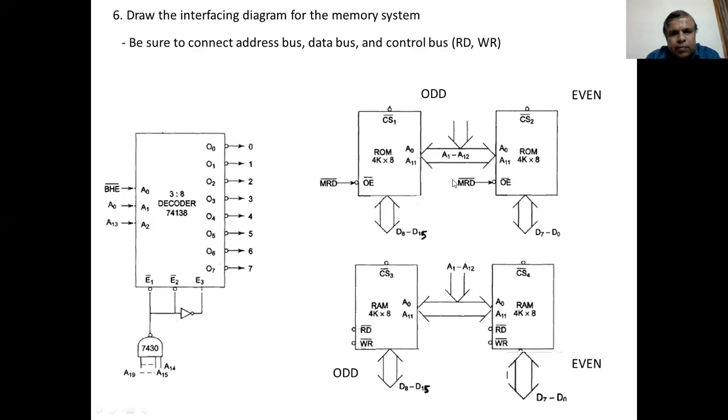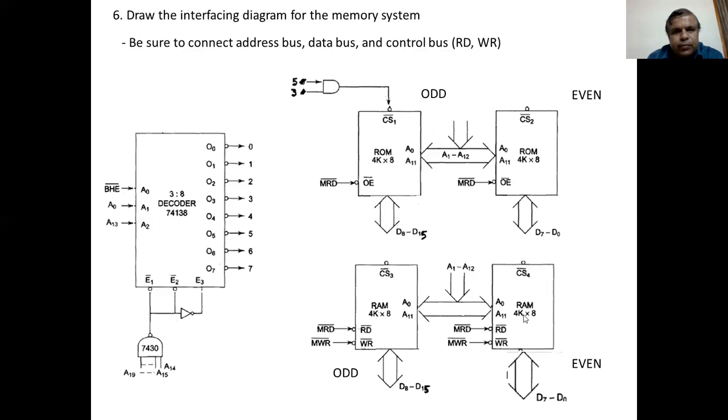Then the memory read signal is connected to the memory read signal of the memory devices. Similarly, memory read and memory write of the microprocessor are connected to the read and write signals of the RAM chips.